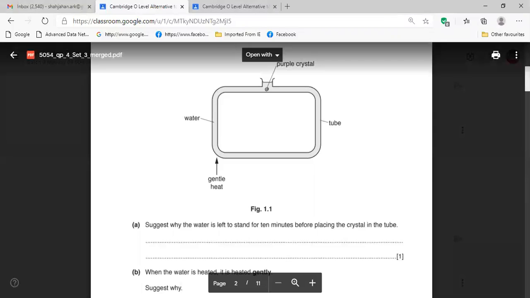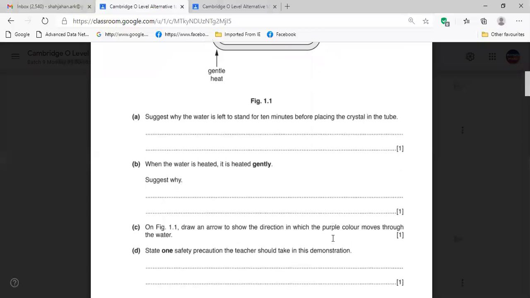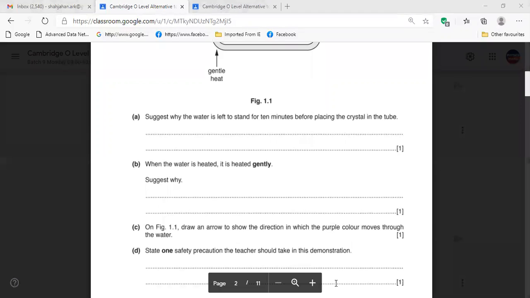Okay, sir. And then the next part: when the water is heated, it is heated gently. Suggest why. Who got the answer? Raise your hand. You have the option to raise hand, right? Yeah, Abir raised hand. What is the answer, Abir?